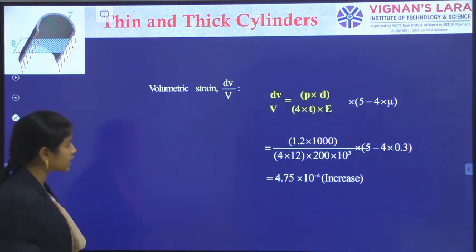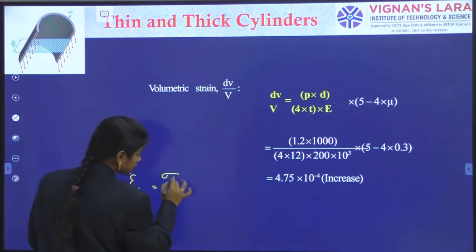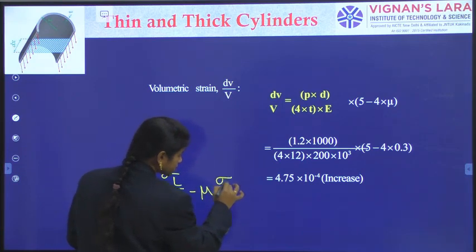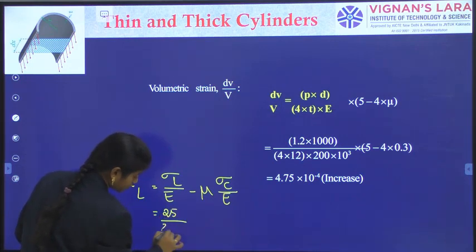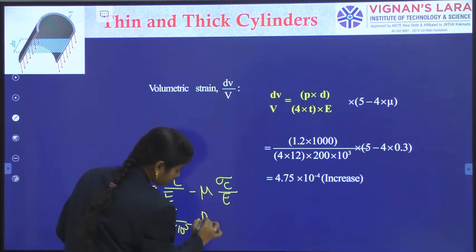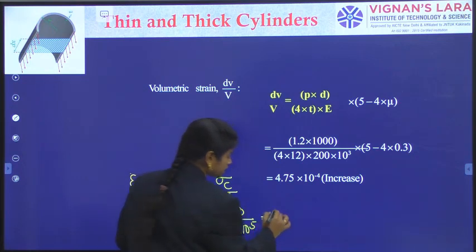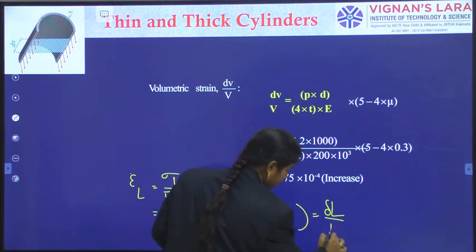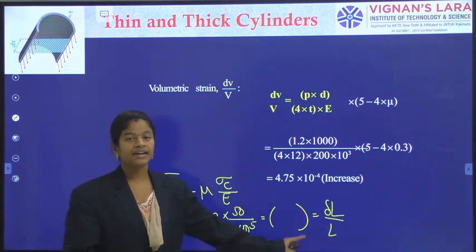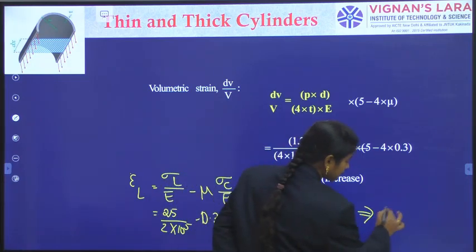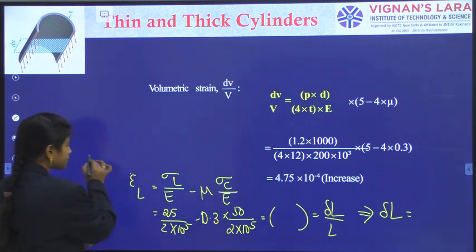Like the same, you can evaluate change in length also, which is epsilon L equals sigma L divided by E minus mu times sigma C divided by E, that is 25 divided by 2 into 10 power 5 minus 0.3 into 50 by 2 into 10 power 5, which is equal to some quantity and which is equal to delta L by L. As the strain is in the longitudinal direction, that strain will be equated, and multiplying L to that side, I can evaluate the change in the length of the cylinder. So this is the way for the longitudinal strain.